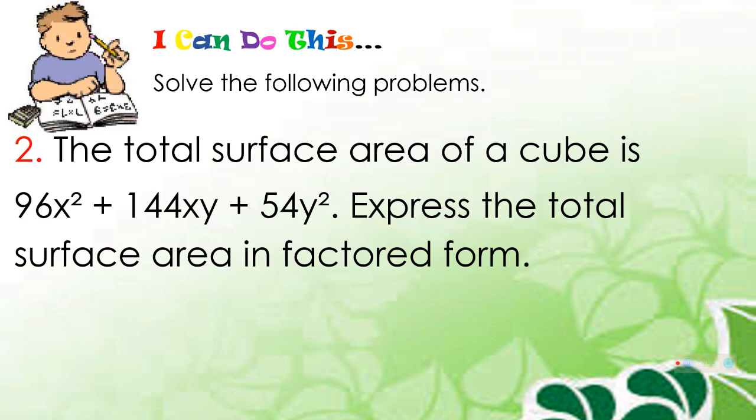For number 2, the total surface area of a cube is 96x squared plus 144xy plus 54y squared. Express the total surface area in factored form.